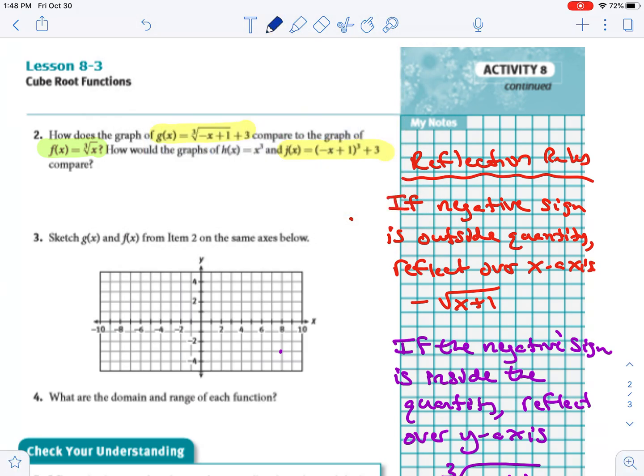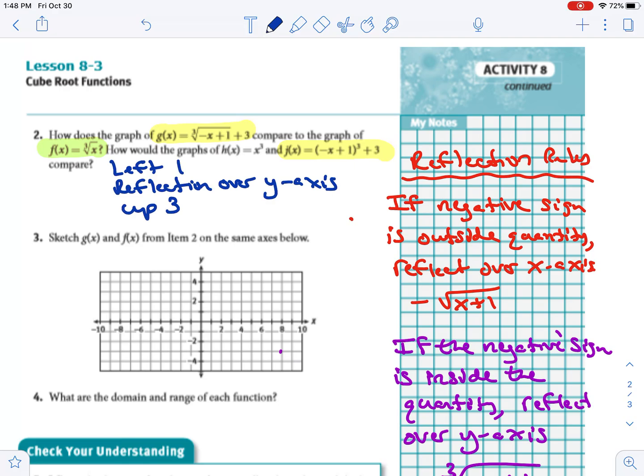Okay, so we're definitely going to have a horizontal translation, left 1. We're going to have a reflection over the y-axis, and we're going to have a vertical shift up 3.